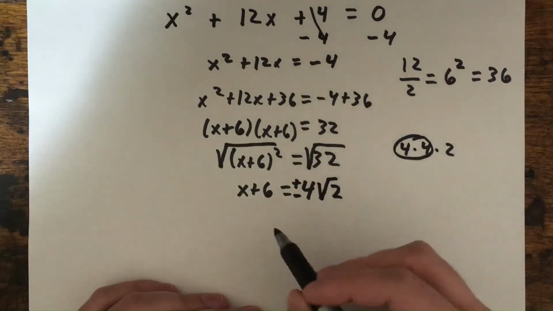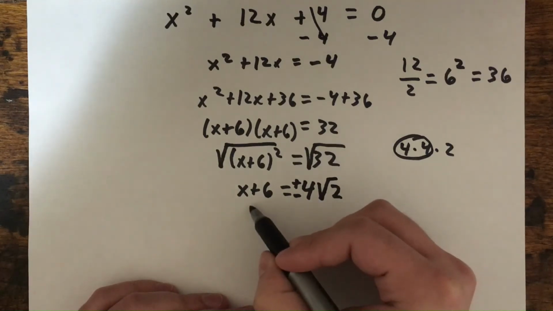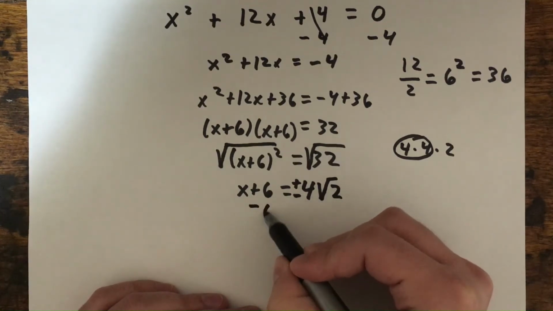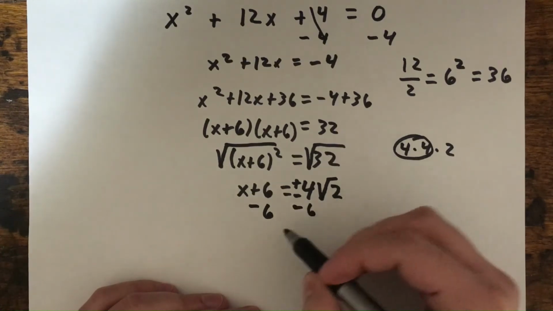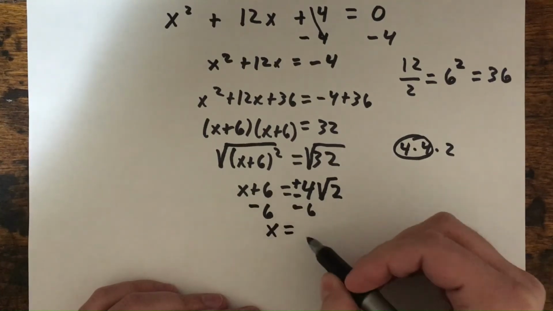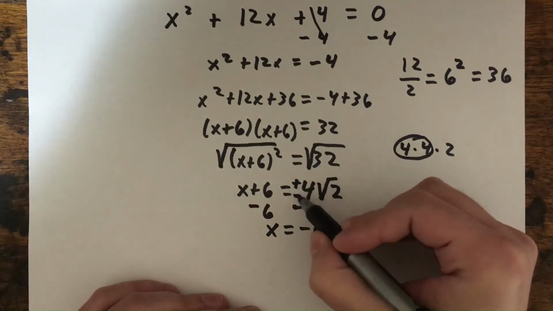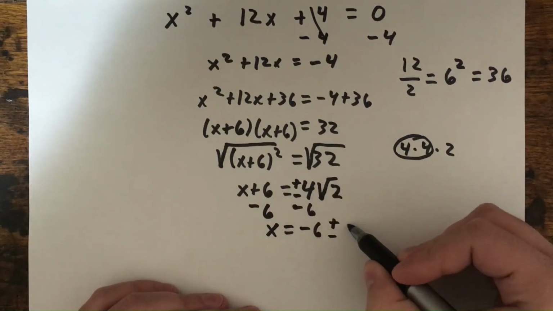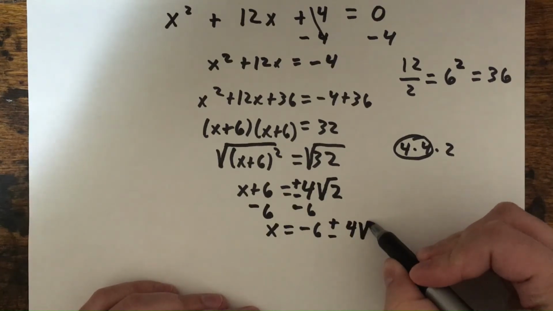So now we have to just move this 6 over to this side. And that'll give us x equals negative 6 plus or minus 4 times the square root of 2.